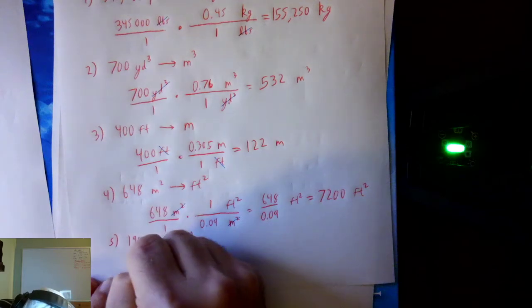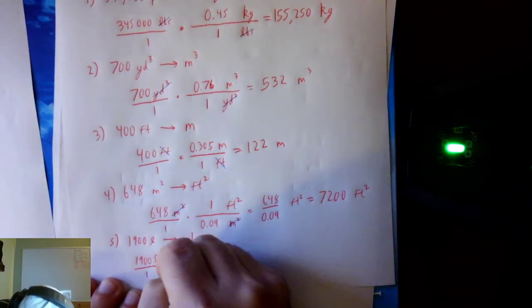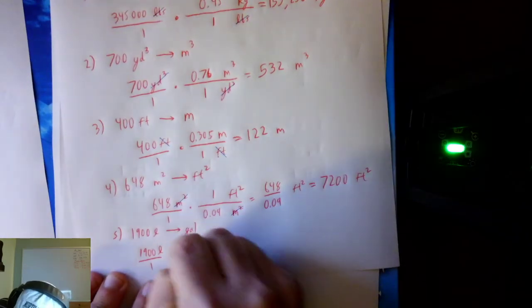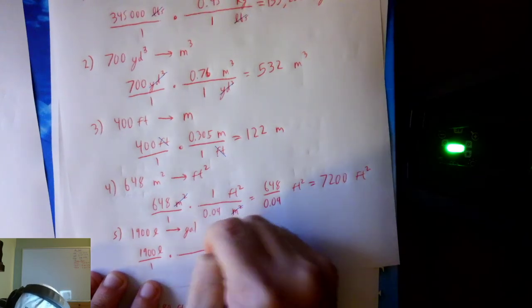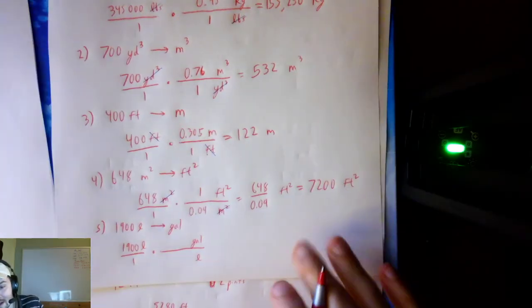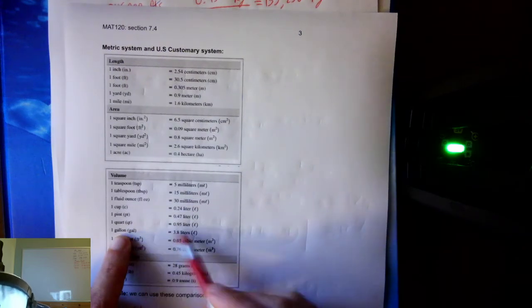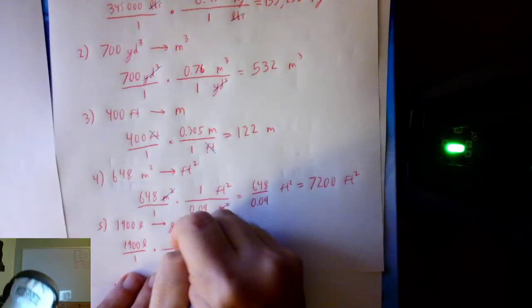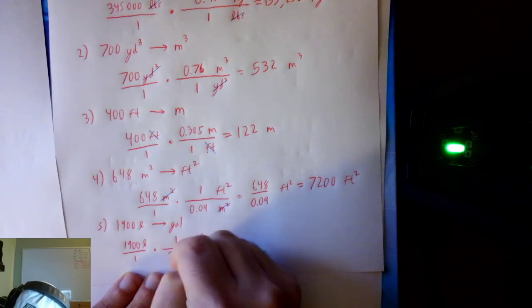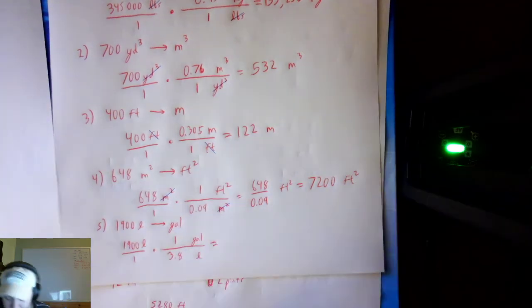I have 1,900 liters over 1 times, and I want to cancel liters and leave myself with gallons, right? In volume, we had 1 gallon is 3.8 liters.